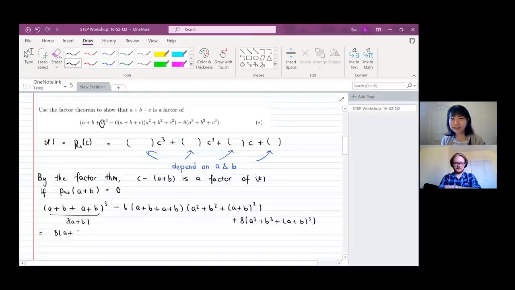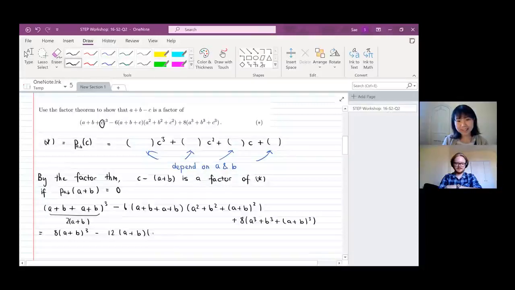If I get wrong anywhere, somebody tell me quickly in the chat. Otherwise, it's going to be quite painful. So this is a 12(a plus b) at the front. And then you have, what is this? You have an a squared plus b squared.